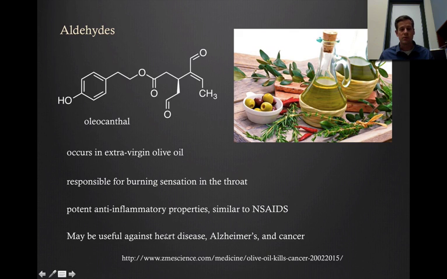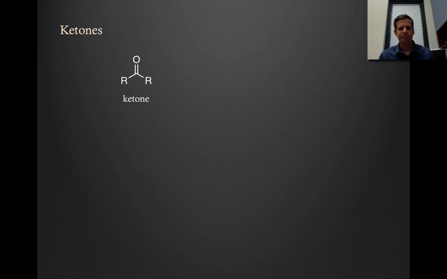I point you to this article here, or you can Google it. It turns out that oleocanthal very rapidly kills cancer cells. I don't know how that translates to human biology, and I don't think the issue is settled, but it certainly is interesting and gives us all the more reason to keep eating our Mediterranean diet foods.